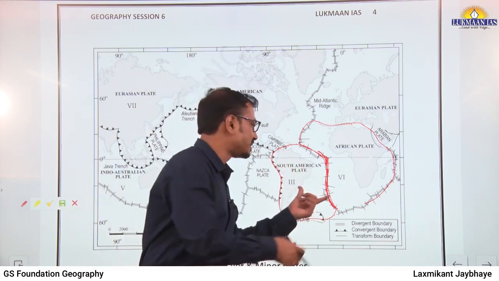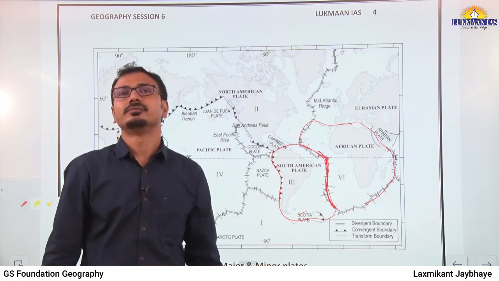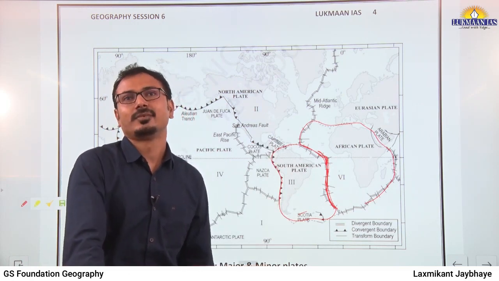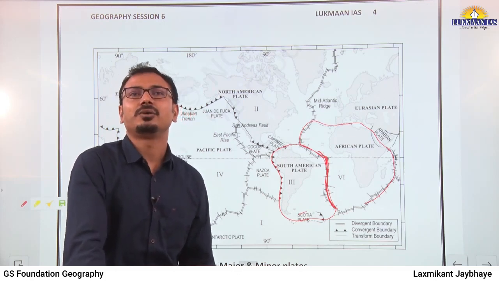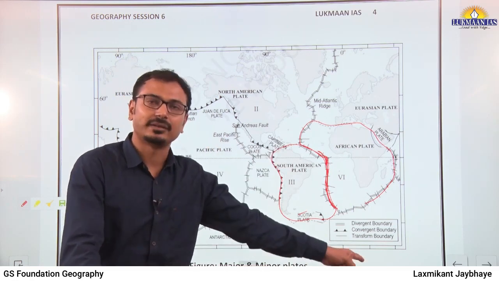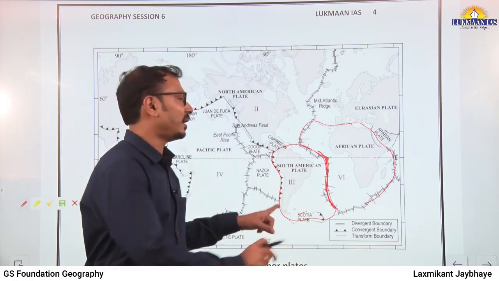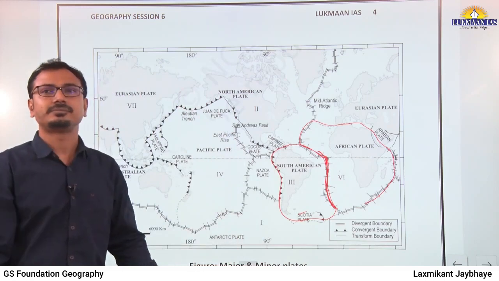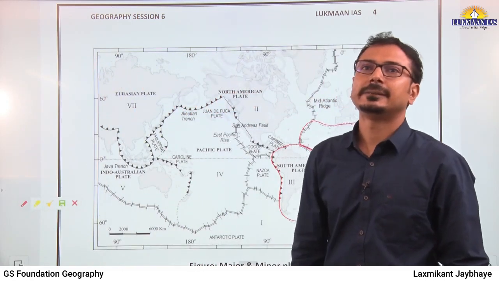At present we are seeing this Atlantic Ocean, which means earlier there was no Atlantic Ocean. This Atlantic Ocean is created because of seafloor spreading, and this seafloor is spreading because of the divergent movement of the African plate and South American plate. Are you getting this, everyone?